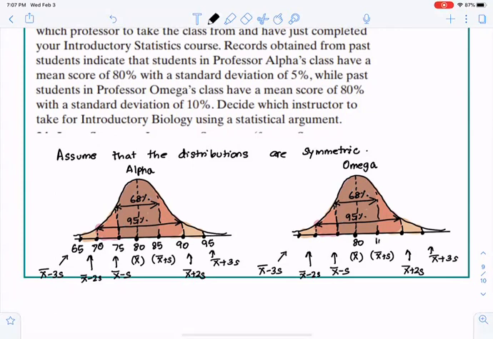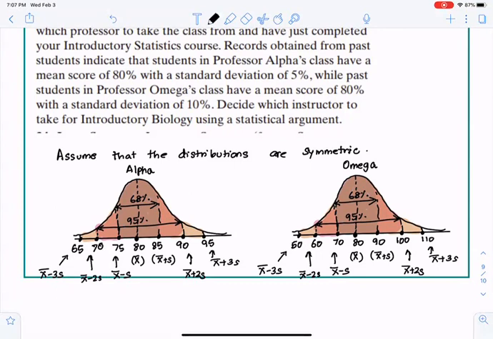So 80 plus 10 is 90. 80 plus 20, 2 standard deviations, is 100. And I don't know if Professor Omega is going to give a 110, but we'll just put it over there. And on this side, 70, 60, and 50.